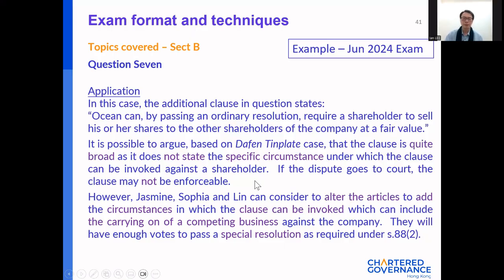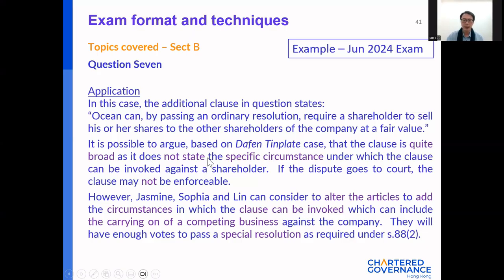Okay, so for Jasmine, Sophia, and Lynn, what can they do? They can consider altering the articles. Okay, what does it mean? Change the wording of this clause, maybe to add the circumstances in which the clause can be invoked, which can include the carrying on of a competing business against the company.